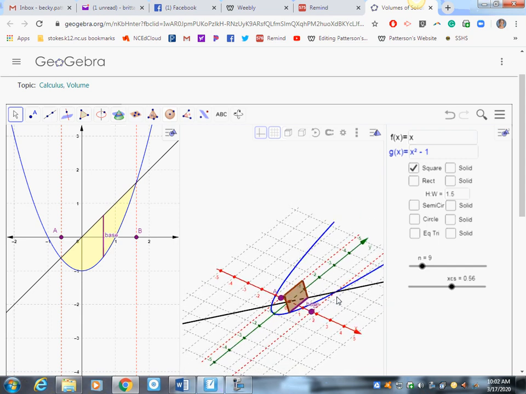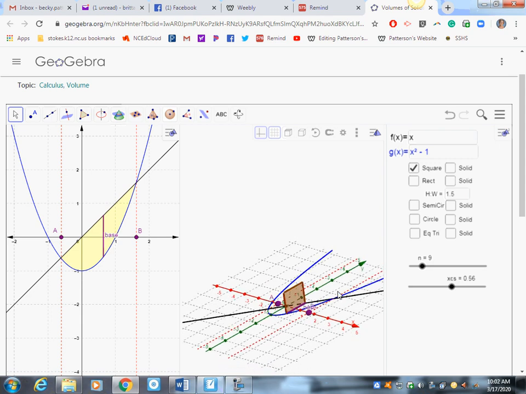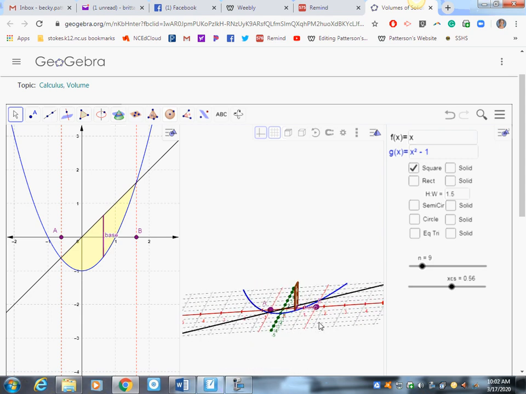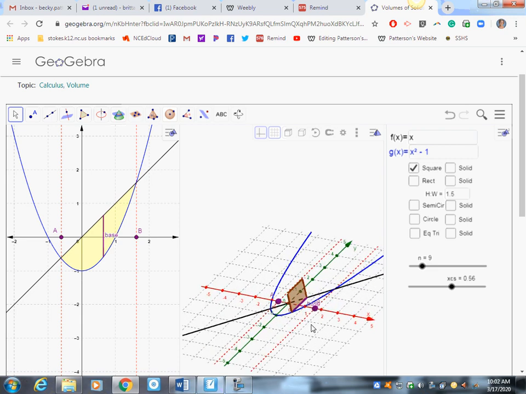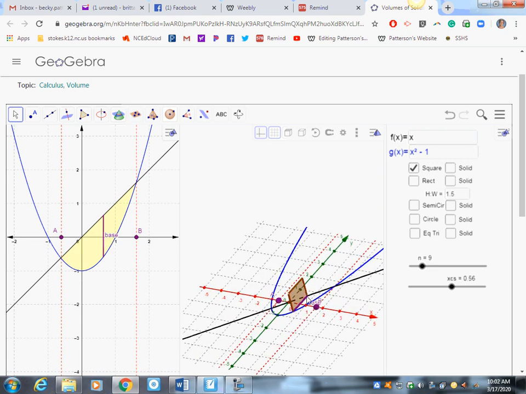I think this over here to the right gives a great visual demonstration of what that looks like. Now it's a square, so whatever length this width is right here is also how tall it's going to be. So if this area were to get bigger, then the square would get taller.